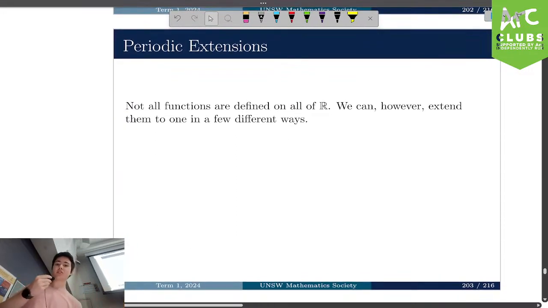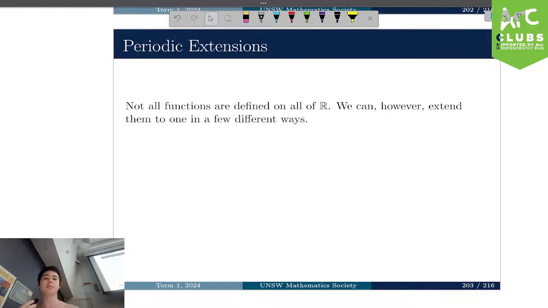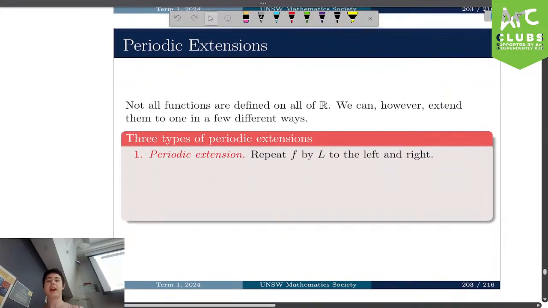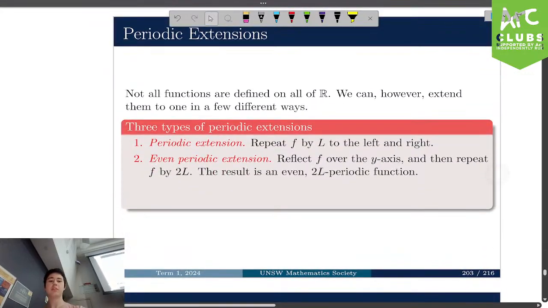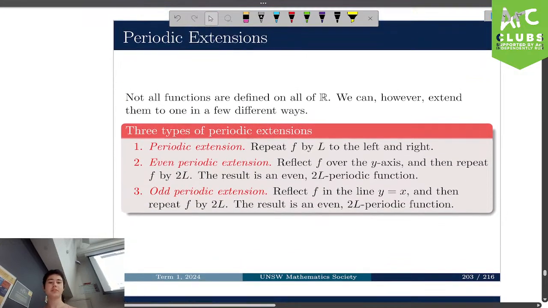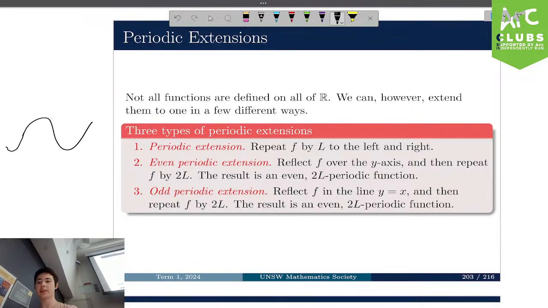Periodic extensions, you would have seen me perform one of these yesterday in the first seminar. We can use them in a number of ways, but essentially it's up to our choice to make our function even or odd. We take some function and make it odd through a reflection through the origin.